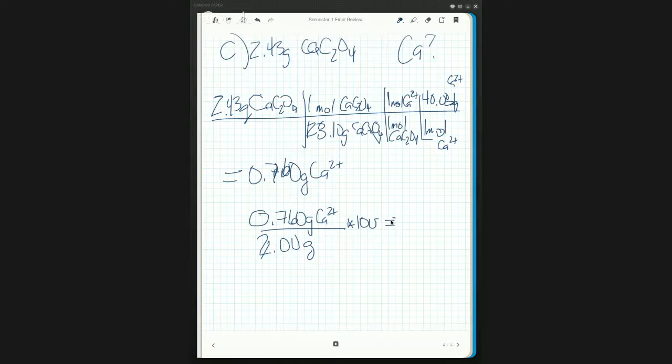Right. And so basically I, oops, times 100. I was going to say it wrong. I get 38.0%. 38.0. Yay! 38.0% calcium in the limestone.